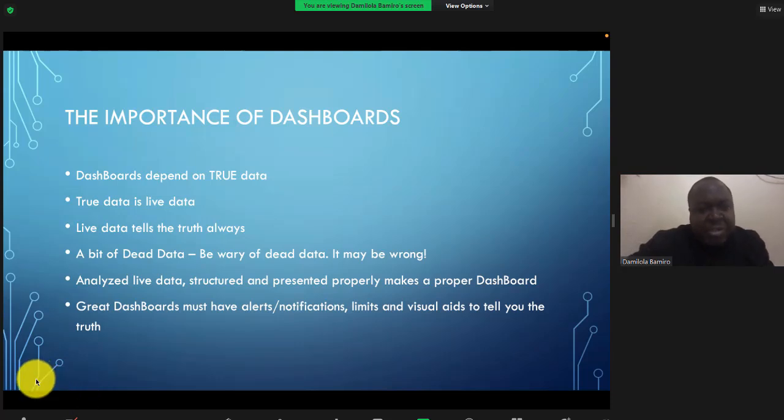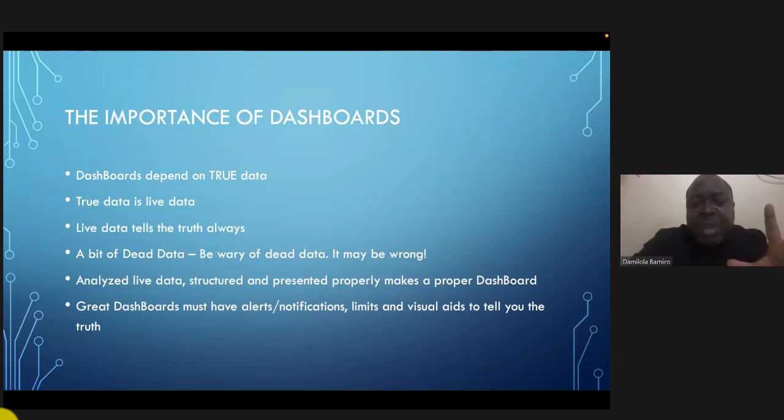Then, of course, every dashboard will have what you call analyzed live data. Not only is the data live, but it is analyzed, it is structured, and it is presented properly, which helps you to see exactly what is going on. I would stress to you now, any dashboard you are going to work on must have alerts and notifications.